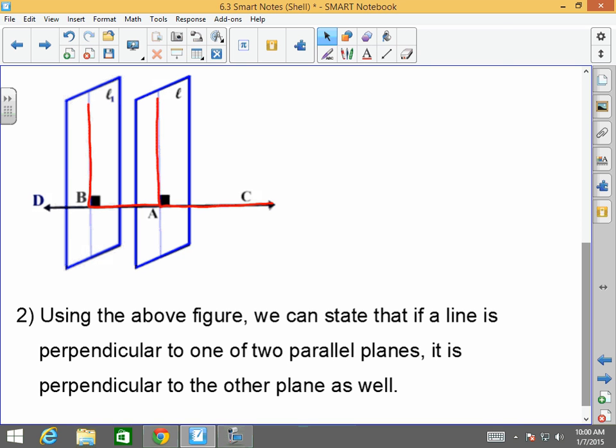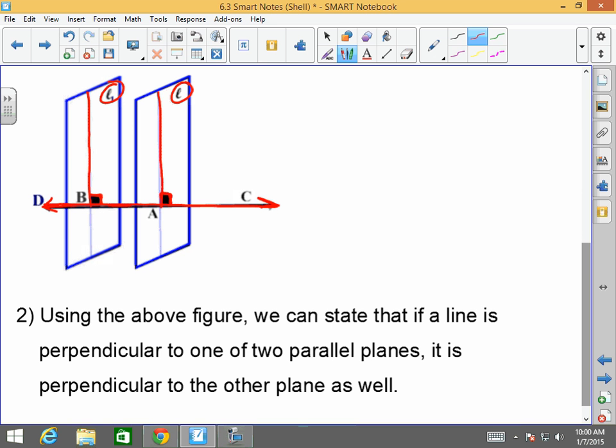So in that case, what this is saying is, if this line DC, okay, is perpendicular to this plane L, and we know that plane L and plane L1 rather, not G, are parallel, then that means the intersection point of L1 will also create a perpendicular angle.